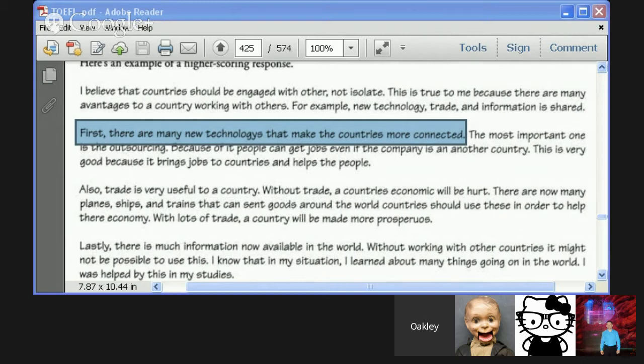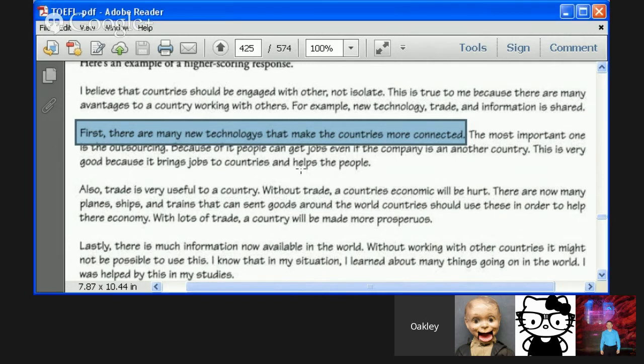And second, I think that countries cannot be more connected. They may be connected or not, and maybe I would write closer connected. Connected closer.